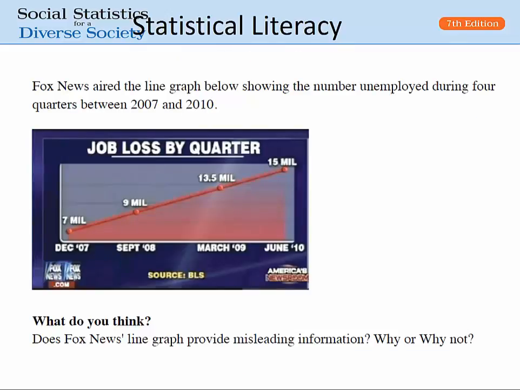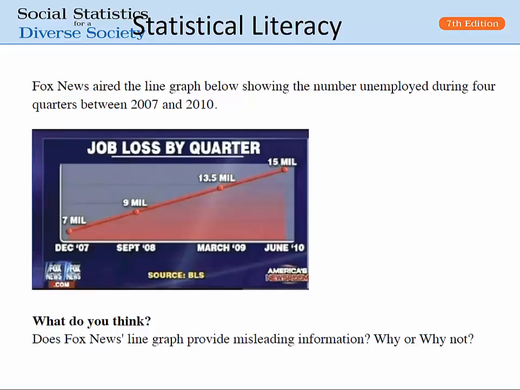This is another example. Fox News aired a line graph showing the number of unemployed people during 4 quarters between 2007 and 2010. And so it looks like this is just a straight shot up. Boom. 7 to 9 to 13 to 15, like the number of people unemployed is just shooting up.